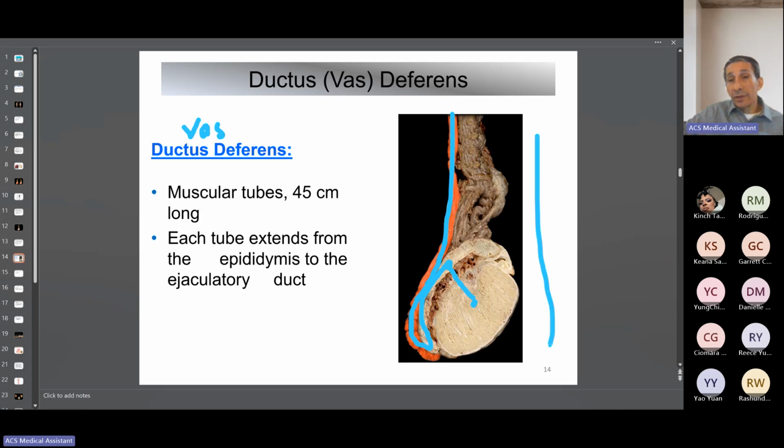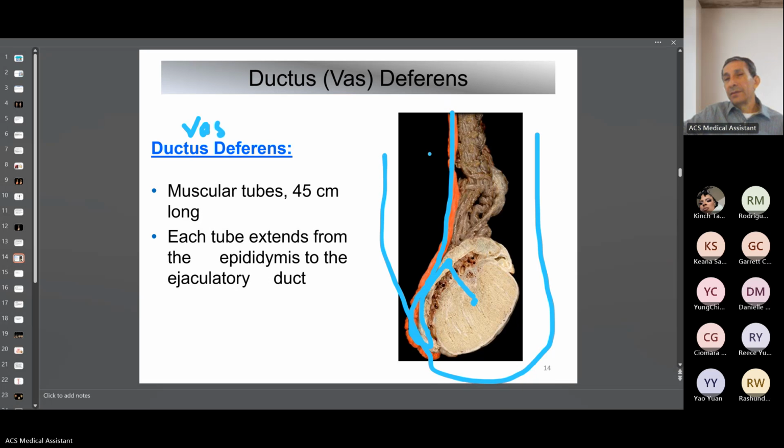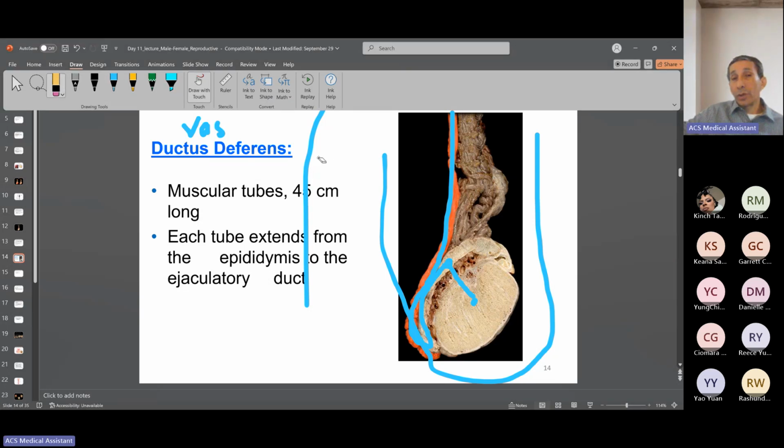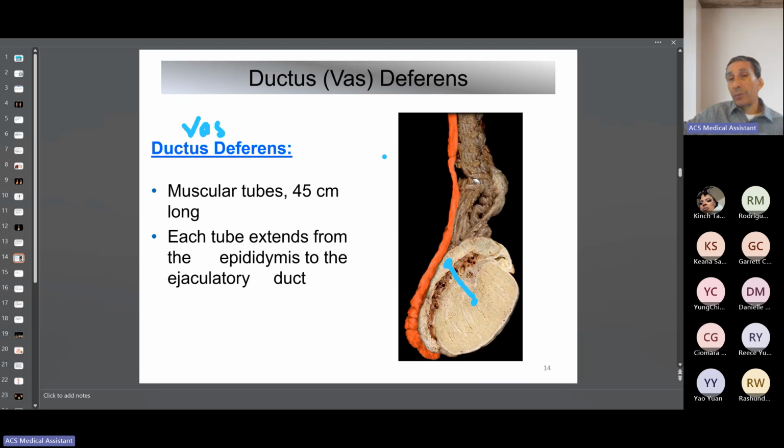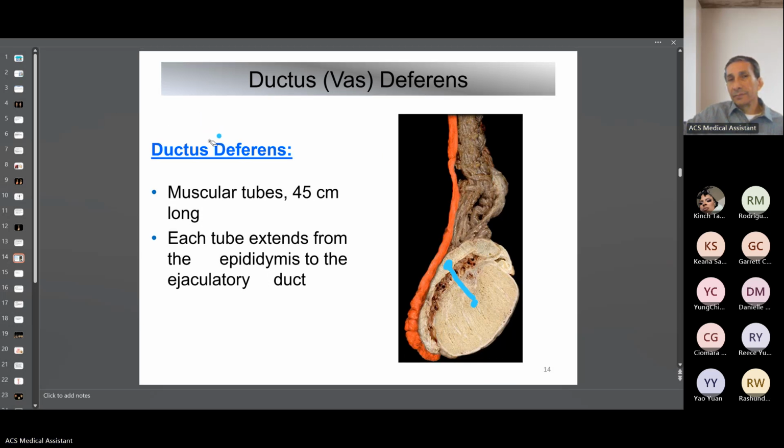And because the testicles are within a sac hanging outside the body, the sperm have to move up the pelvic area and then come down. We're going to talk about those structures when we get there, because those will be the external structures of the male genitalia. That's basically what it is. So we don't need to know all the details. I'm giving you a little more detail because I want you to understand how this is connected, from where to where.